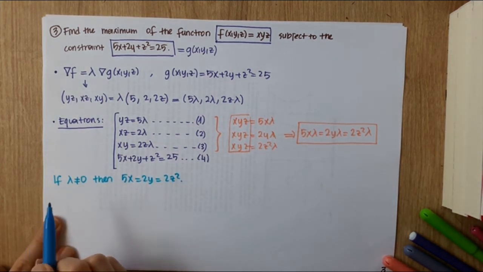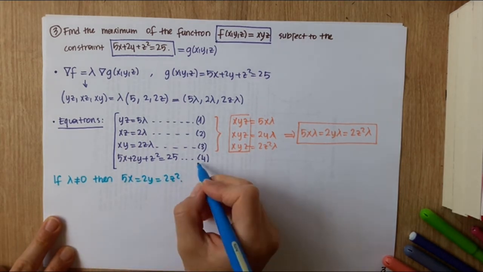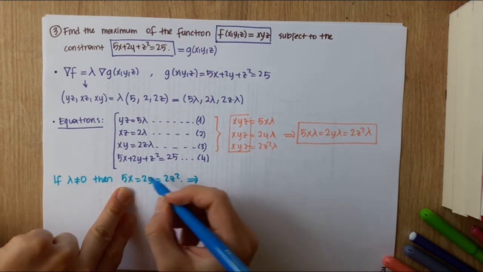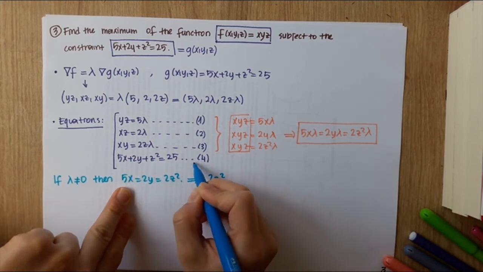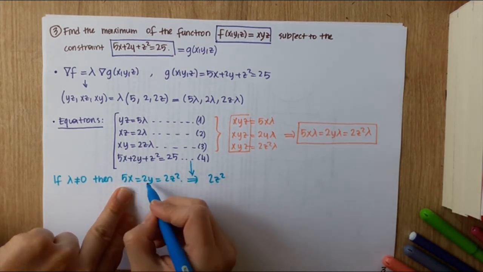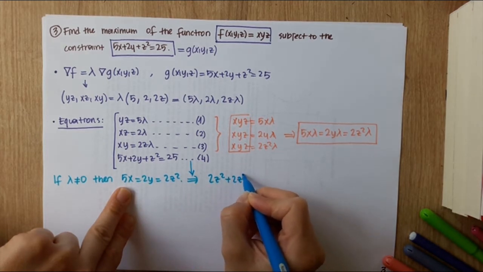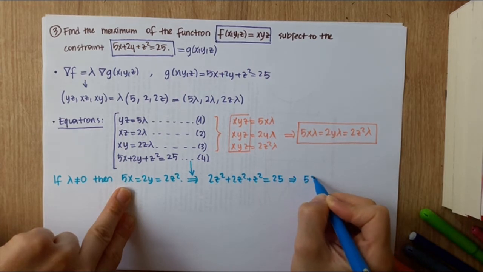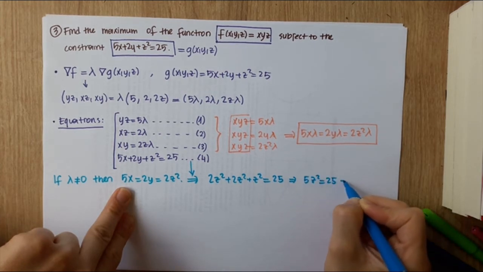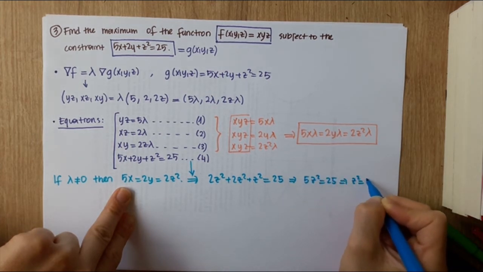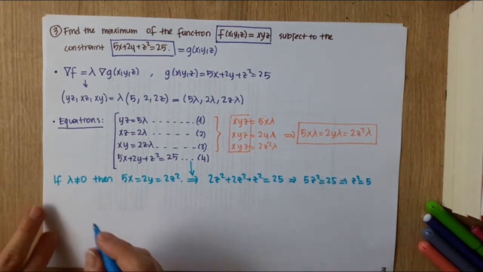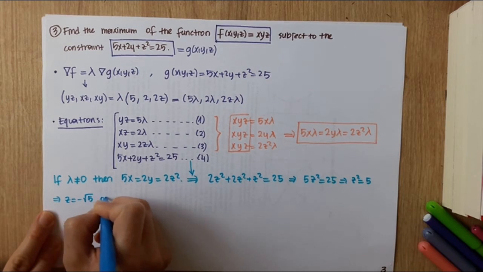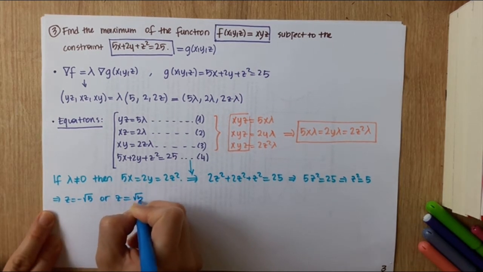And by substituting these in the fourth equation here, because 5x is 2z squared, I will write 2z squared, 2y is 2z squared, and z squared, so I have 5z squared equals 25, so z squared is 5, which means z equals minus square root of 5 or z equals square root of 5.